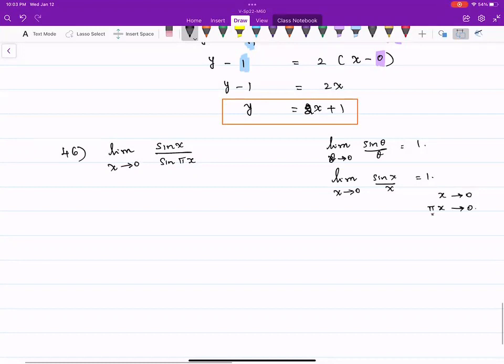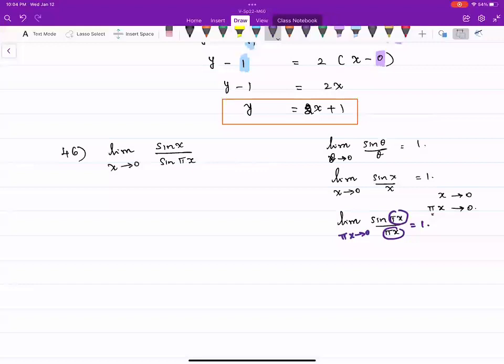Pi is after all a constant. So we can make an assumption here, sine of pi x over pi x. Whatever this variable is, that is what you should see below, right? So the same thing, with pi x approaching 0, should also be equal to 1.